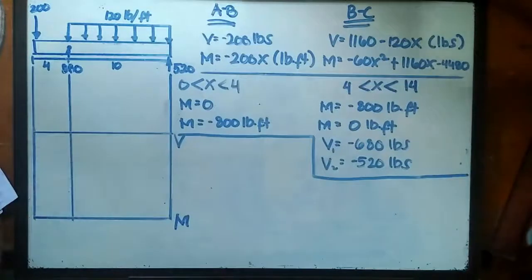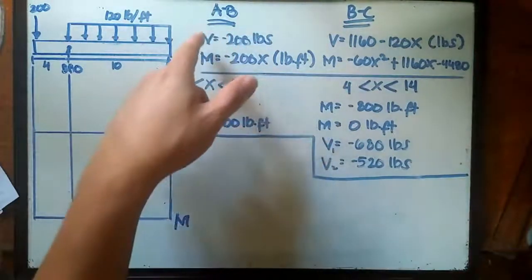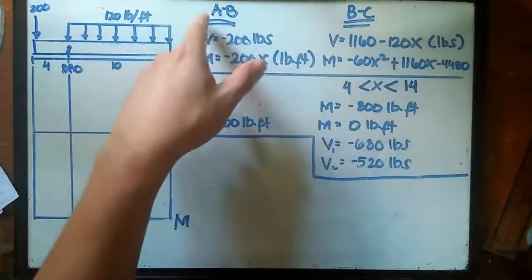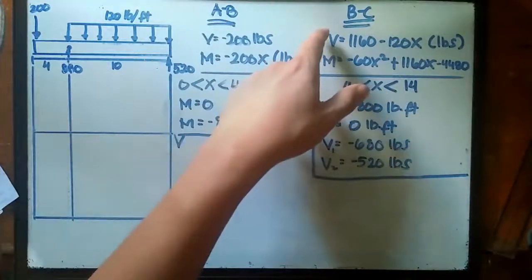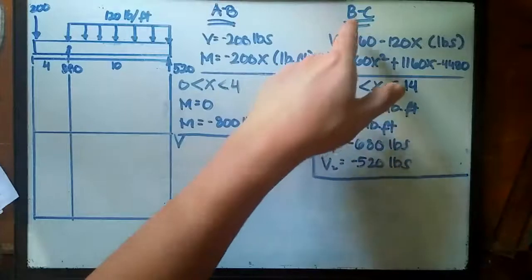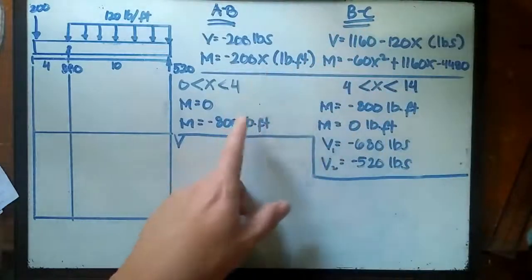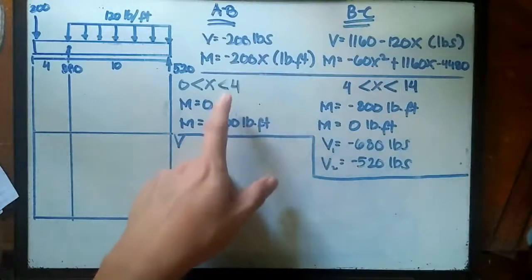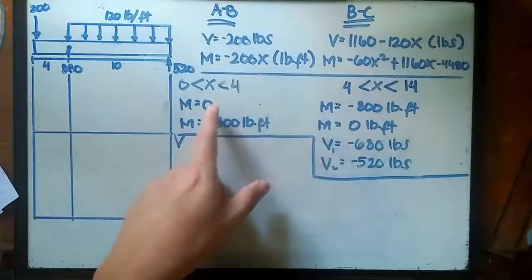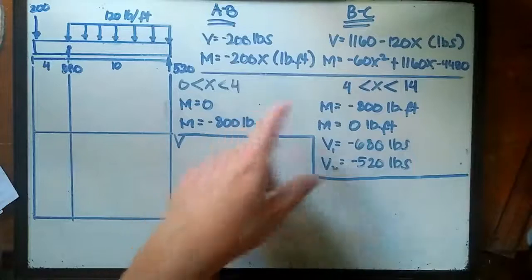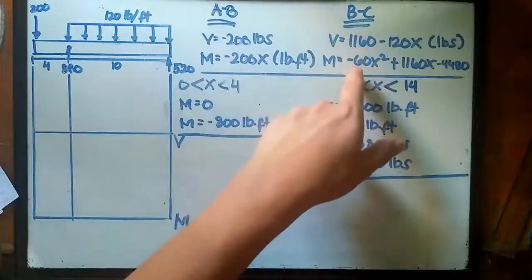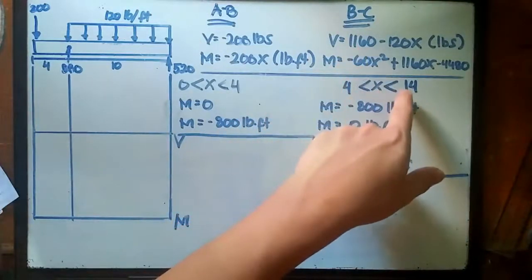Based on our previous data, we have the formulas for the shear and bending moments for segment AB, and here the formulas for the shear and bending moment for segment BC. Then we replace the values of x by their approximations, 0 and 4. For the bending moment, we have 0 and negative 800, and for this one we replaced it by 4 and 14.